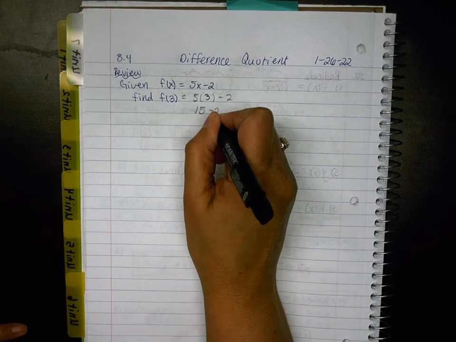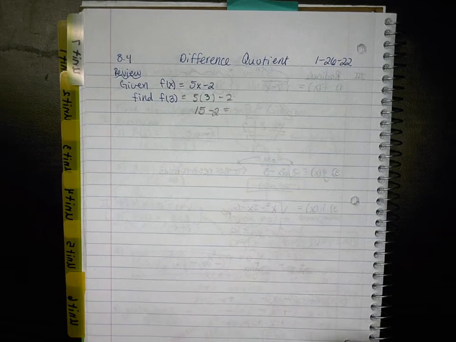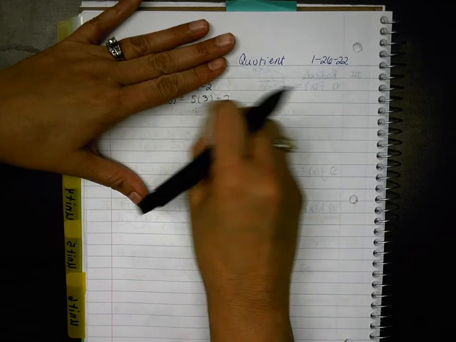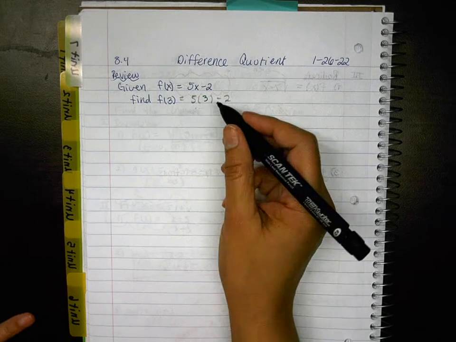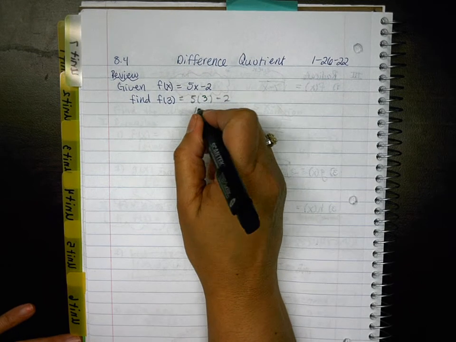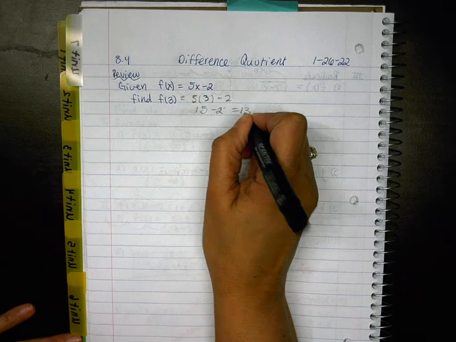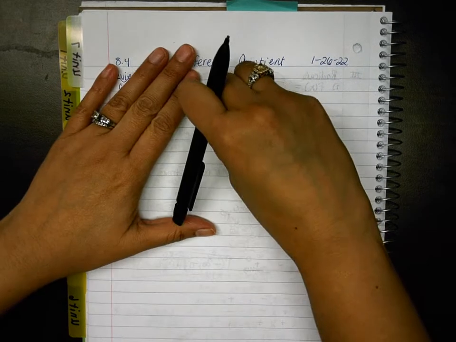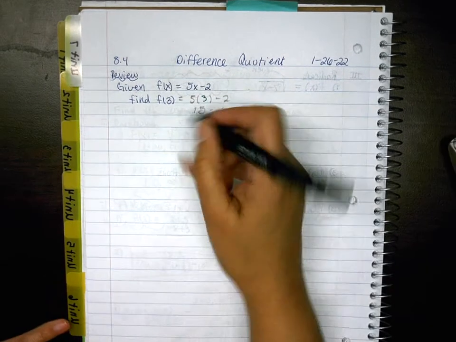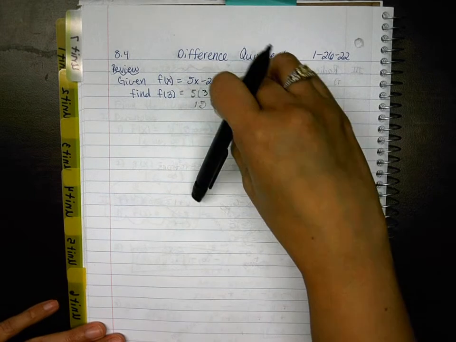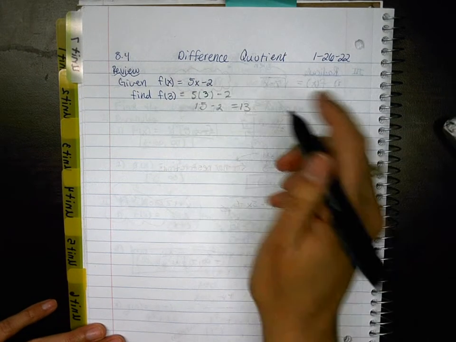And what do you guys end up with as an answer? Sophia, what do you end up with as an answer? 13. Do you guys all agree? Okay. And again, that's most likely review for middle school.